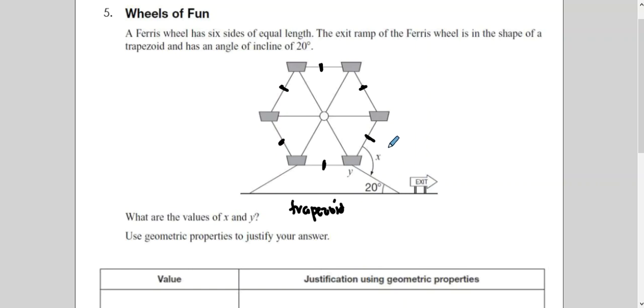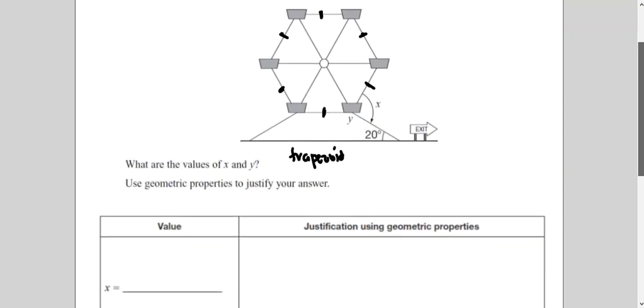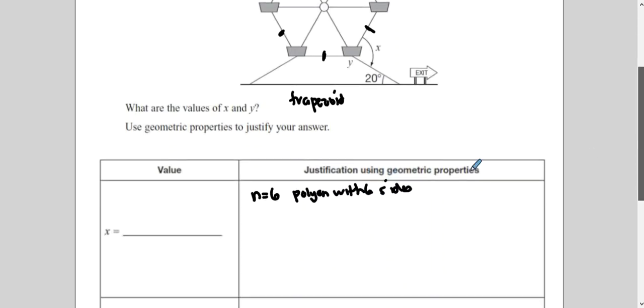Use properties. So I've got my hexagon. And if you remember from the last lesson, we have a polygon. If we have 6 equal sides, we should have 6 equal angles. Well, let's find the sum of the interior angles.